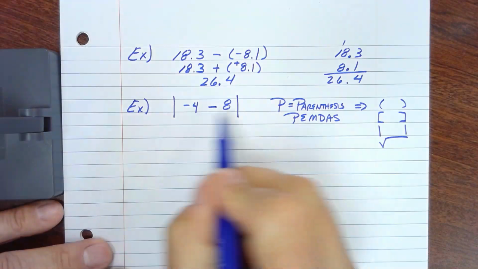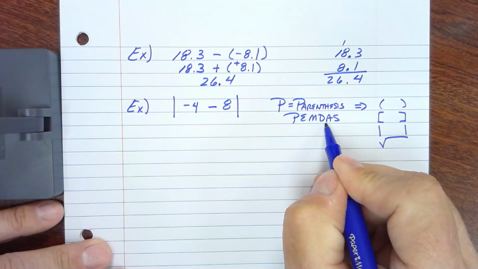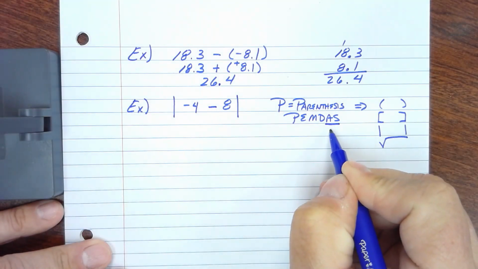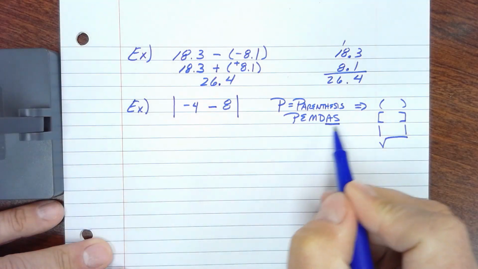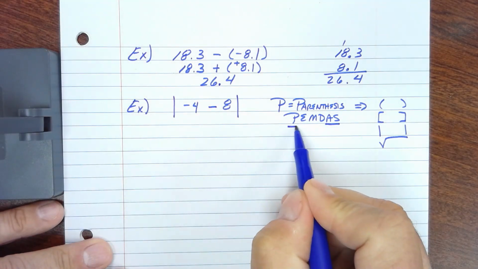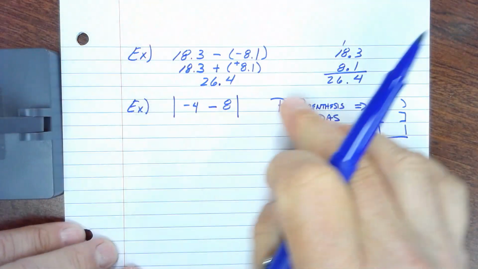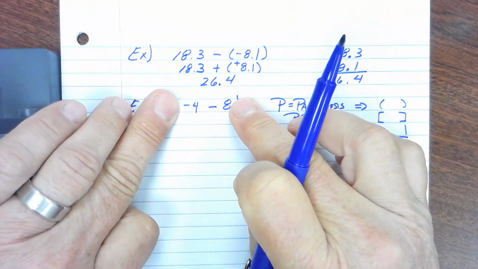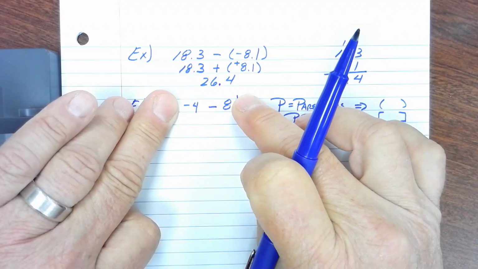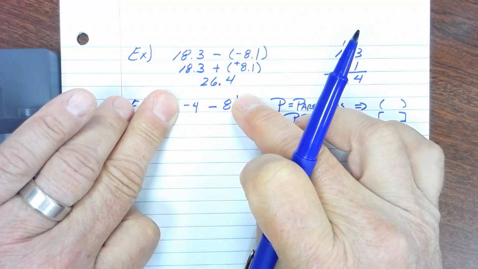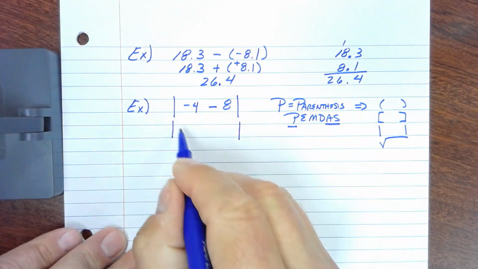So as I do this, what I want you to recall from the previous examples is we were already down here where we were adding and subtracting. That's what allowed us to add and change the sign. We're now back here at P. And I have to look inside these grouping symbols and find out what I'm going to do. Well, it's thankful that they are addition and subtraction, but what I have to do is work inside of these absolute value signs.